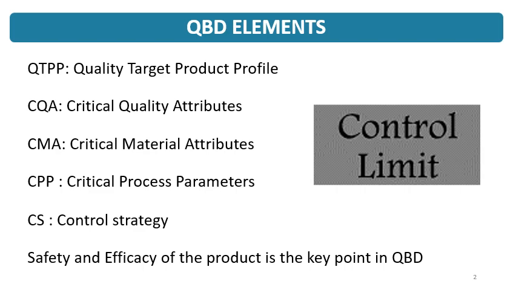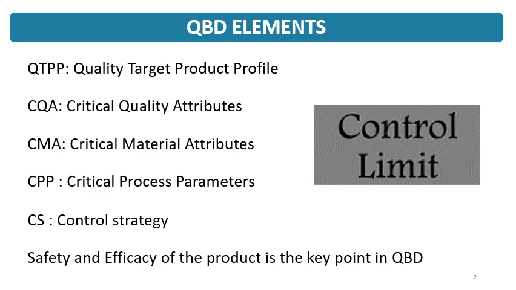How you are going to control the variations in the CMAs and CPPs which will impact your CQAs. So CS is the control strategy which controls the variation in the CMAs and CPPs, and in turn it will help to have consistent quality in the formulation. Safety and efficacy of the product is the key point in QBD.